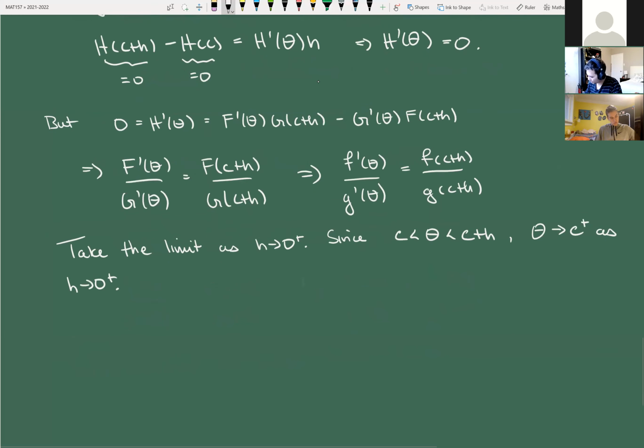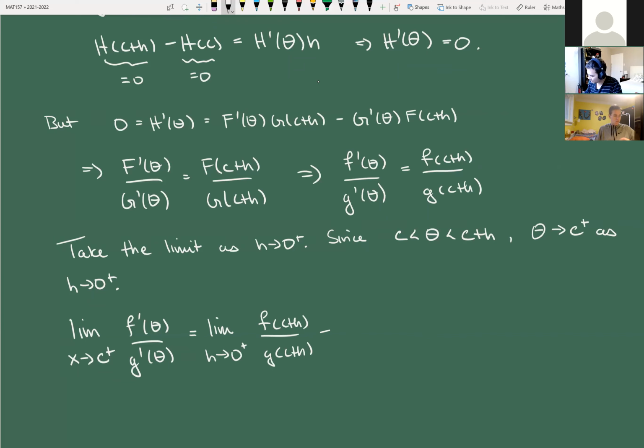So this means that we get that the limit as theta approaches C from the right of F prime of theta over G prime of theta is equal to the limit as H approaches 0 from the right of F of C plus H over G of C plus H. And of course, that limit right there is the same thing as the limit as x approaches C from the right of F of x over G of x.